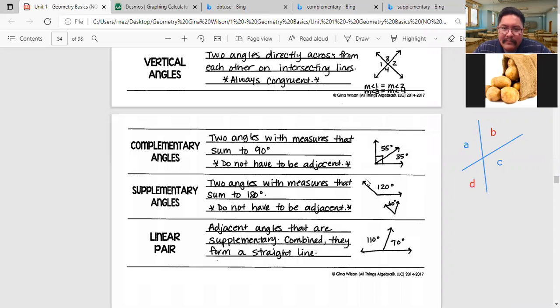So if I imagine a big pizza slice that's 120 degrees, and then another one that's 60 degrees, I would take that 60 degree angle and turn it so that it's facing a different direction, so that it could fit right here. You notice that there's a little space right there. If I fit it in there, just like the definition said, it would complete it. We would have a complete straight edge.